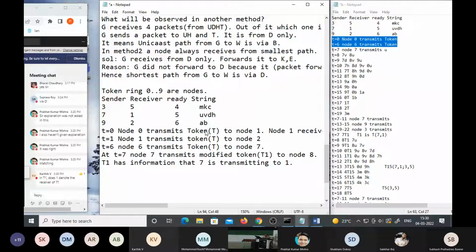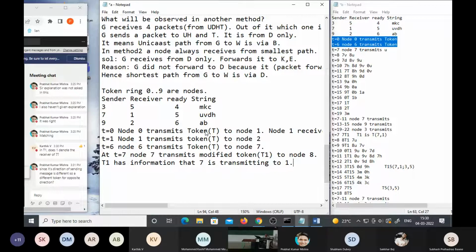So T1 gives this information that 7 is transmitting to 1. No, there is no opposite direction. Why would there be an opposite direction? No. We are always sending anti-clockwise: 0, 1, 2, 3 up to 9. We are always sending anti-clockwise.